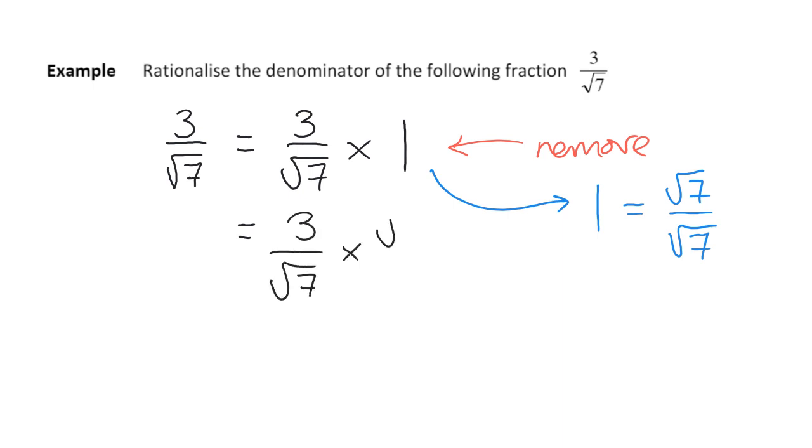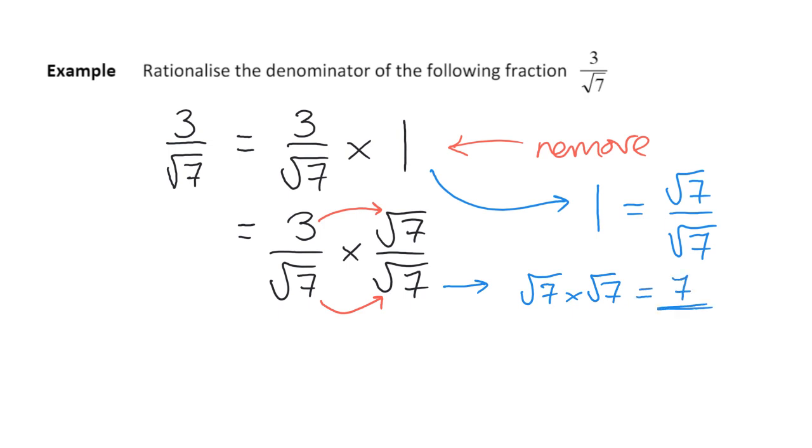And what that gives us, because we know this now because we've tackled fractions, is 3 times root 7 over root 7 times root 7. And that's the critical part, the root 7 times root 7. Root 7 times root 7, we know from rule 6, will just be 7 on its own.